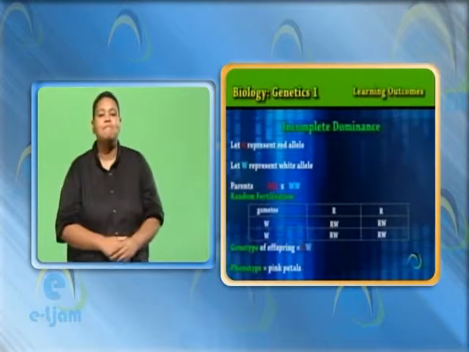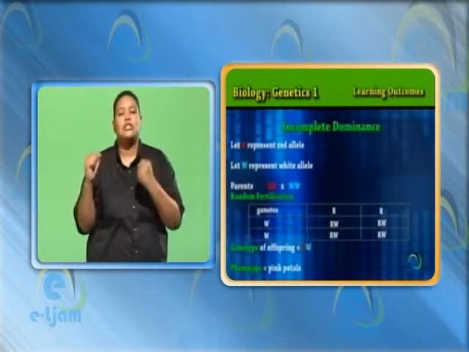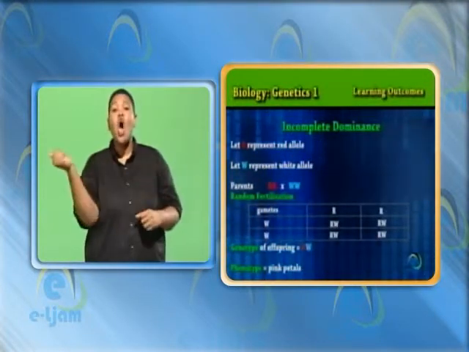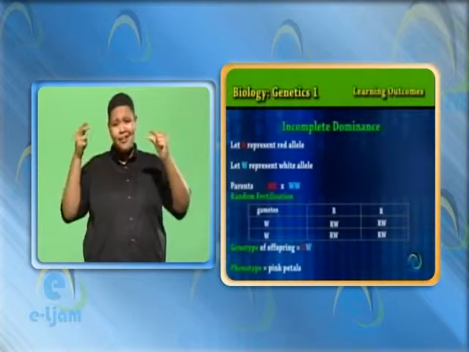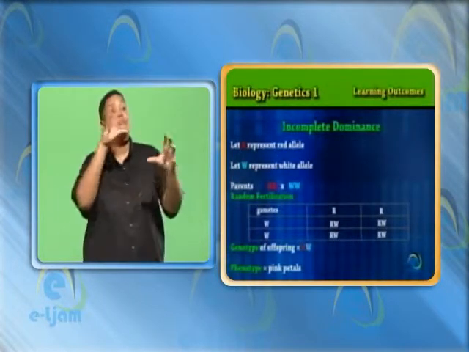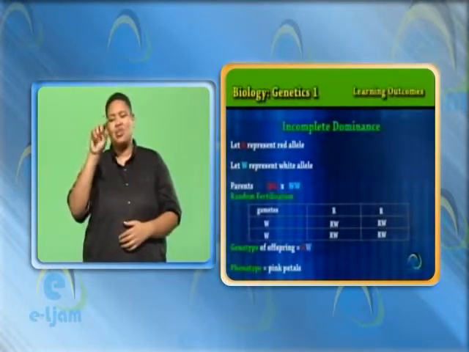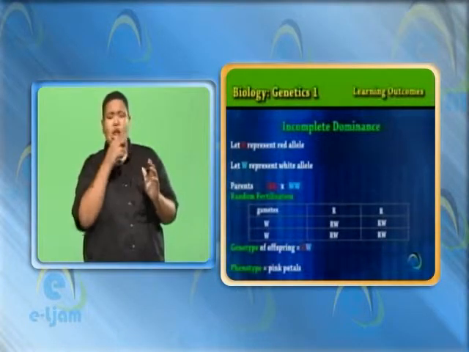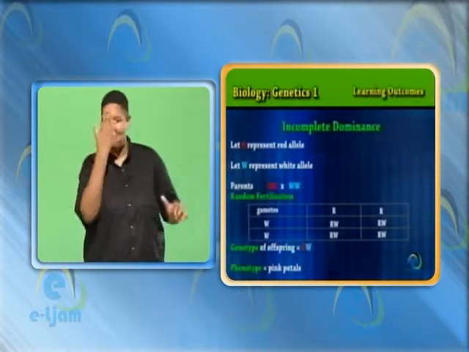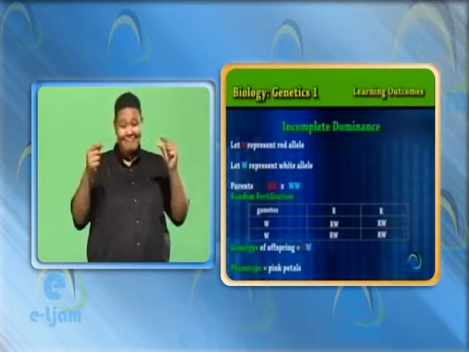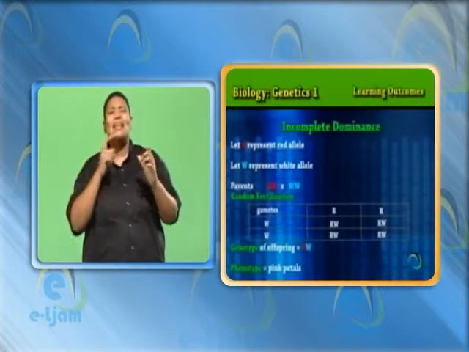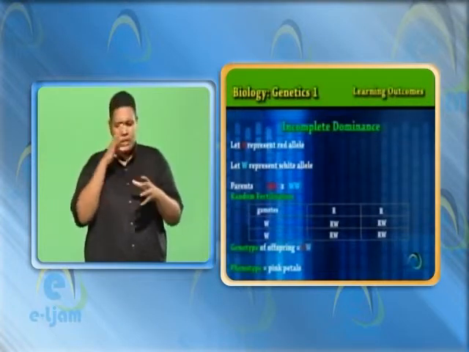Incomplete dominance. Not all alternative alleles are fully dominant or recessive in heterozygotes. Sometimes heterozygous individuals do not resemble one parent precisely. Some pairs of alleles produce instead a heterozygous phenotype that is intermediate between the parents.